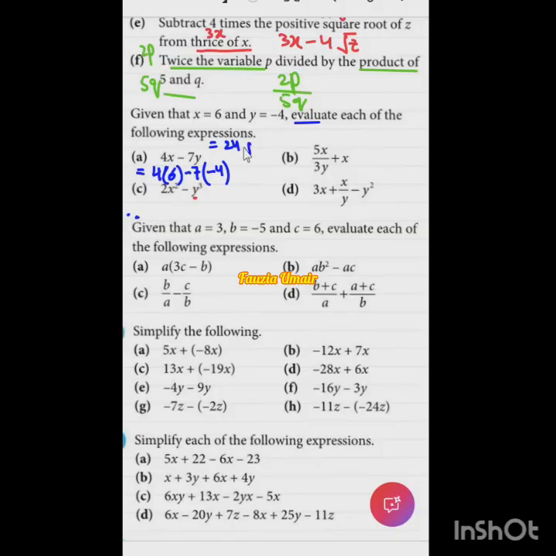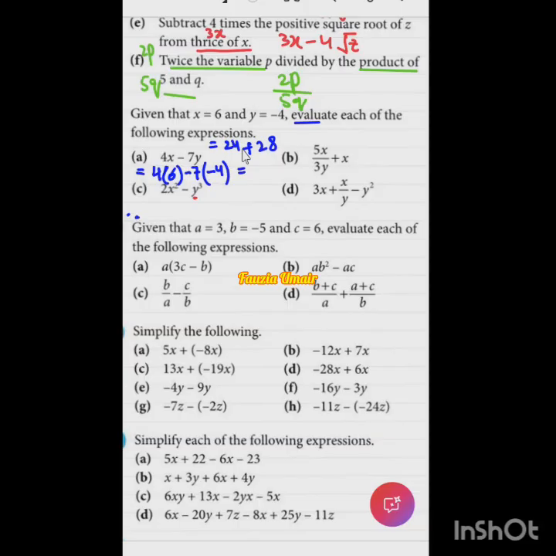This will be a positive sign. Now 7 fours are 28. What does the rule of integer multiplication say? If the signs of the two integers are the same, the answer will always be positive. If you multiply two minus numbers or two positive numbers, the answer is a positive number.